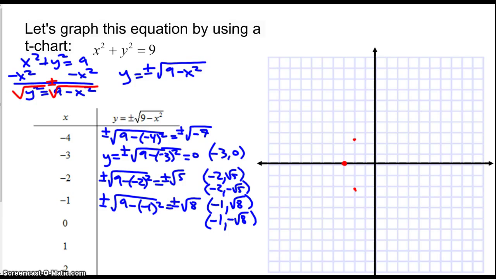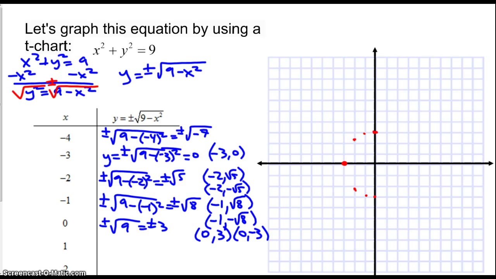So something just a little less than 3, or the negative of that, right? And if I were to plug 0 in, I would have plus or minus the square root of 9 minus 0, which is just plus or minus 3. So I have 0, 3, or 0, negative 3, right? So two points for x is 0.